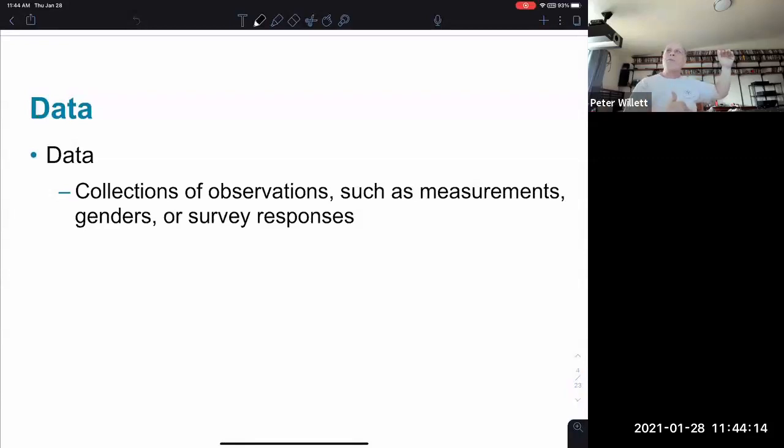If I asked them something more elaborate to get a more detailed idea, like if you were to rate how much you like this as a number from 1 to 10, where 1 is it's detestable and I want to spit it out, and 10 is the most fantastic food I've ever had in my life, well, then I would have a bunch of numbers from 1 to 10, a bunch of 3s and 4s and 5s.